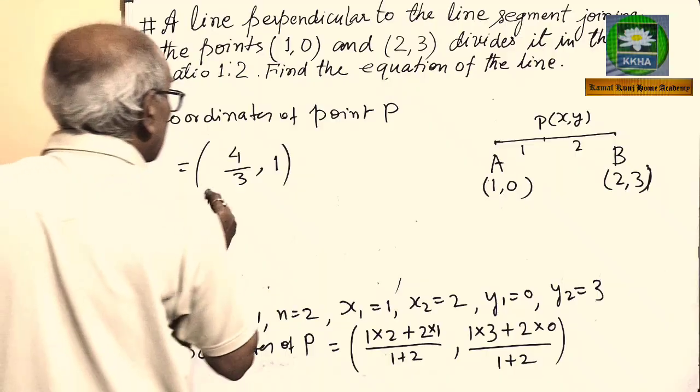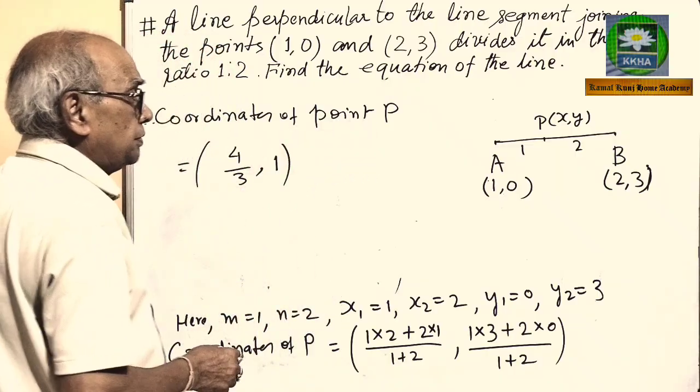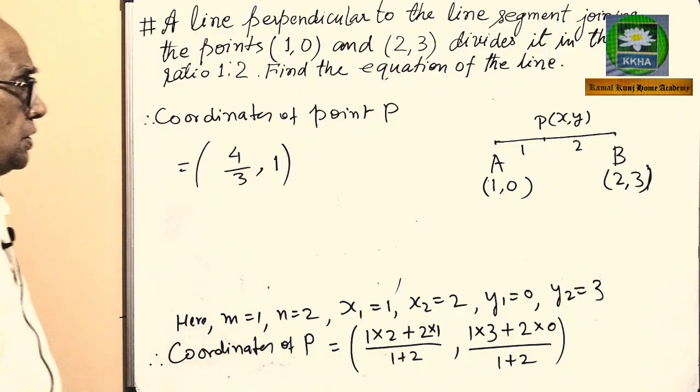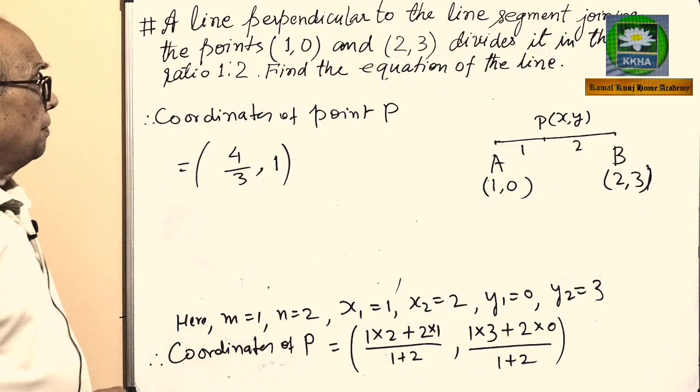So this is the point P, which divides this line segment in the ratio 1:2.